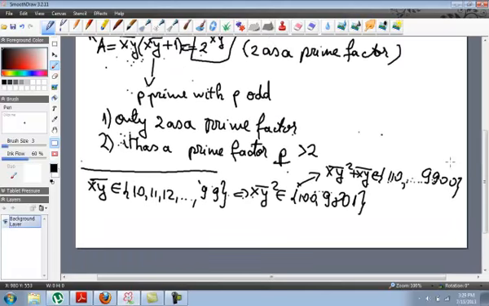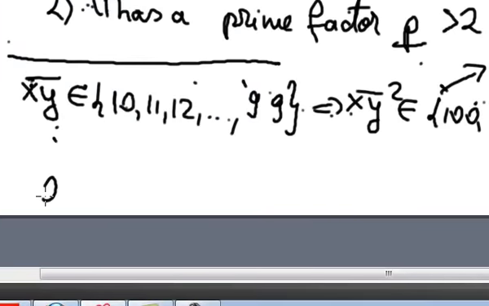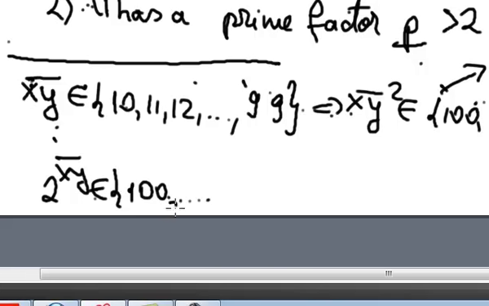But from this remark we deduce that 2^(xy) belongs to the set 110, ..., 9900.